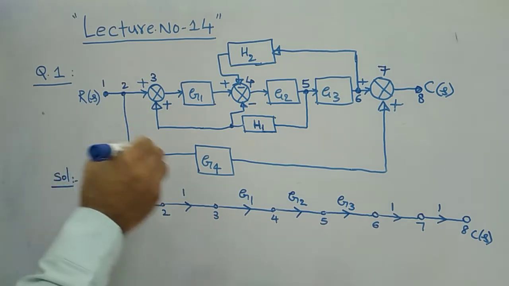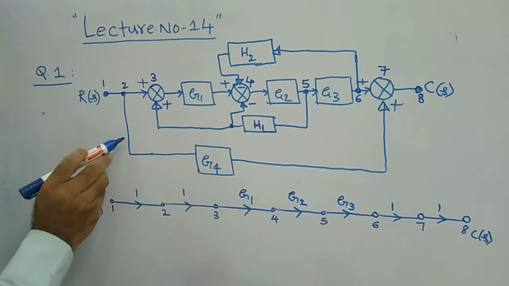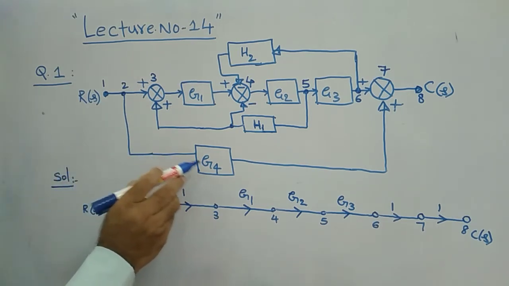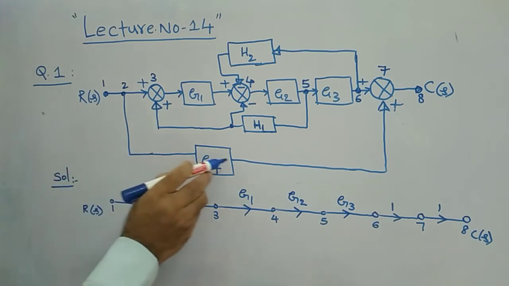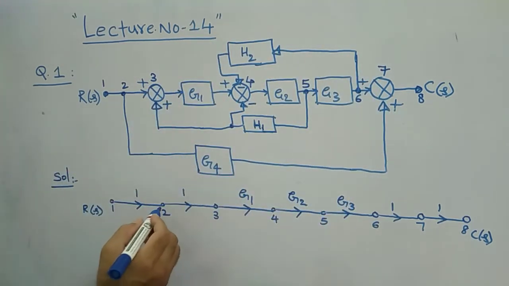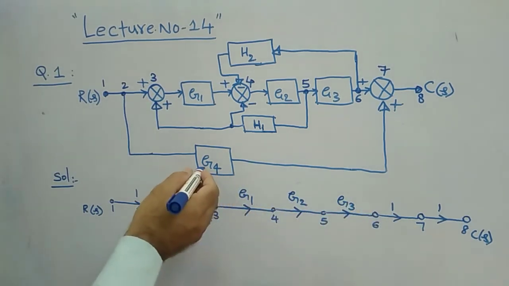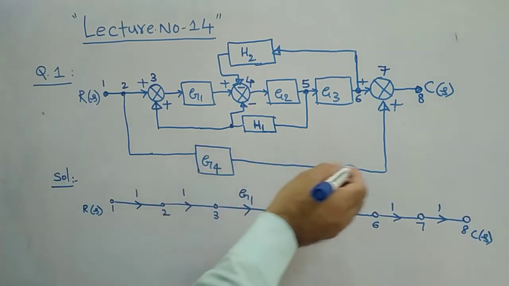Now coming to the other portion. Say for example, this gain G4, from point number 2, is going to the 7th point. Therefore, you draw from point number 2 to point 7 with gain G4, representing the arrow mark towards the forward direction.